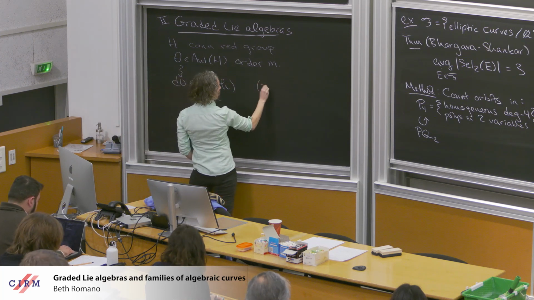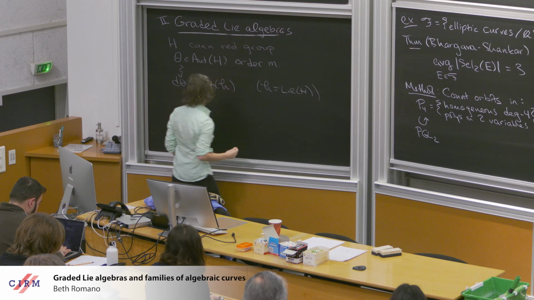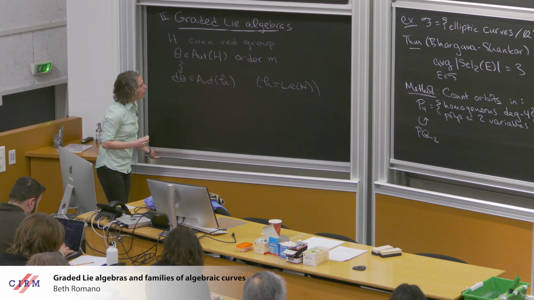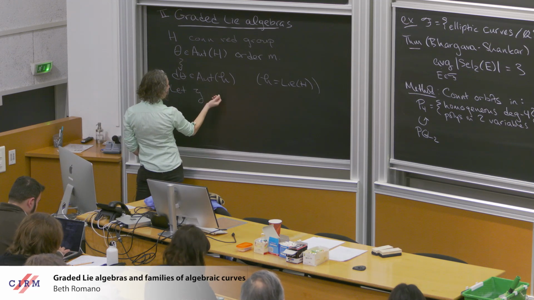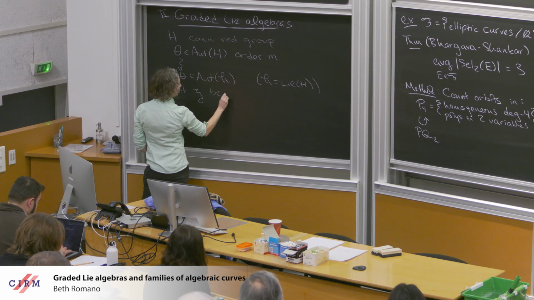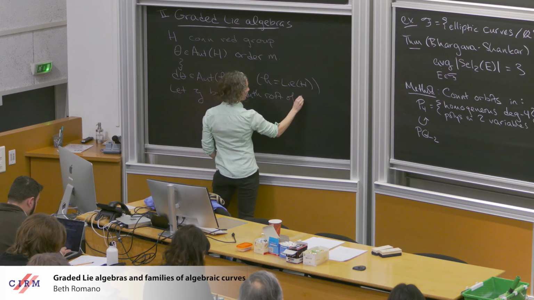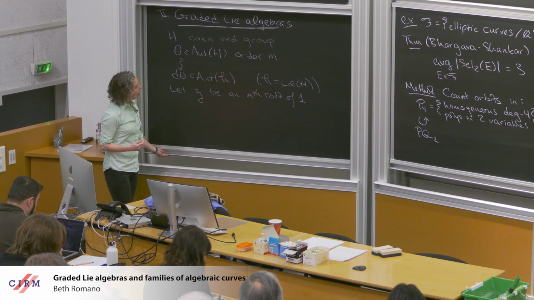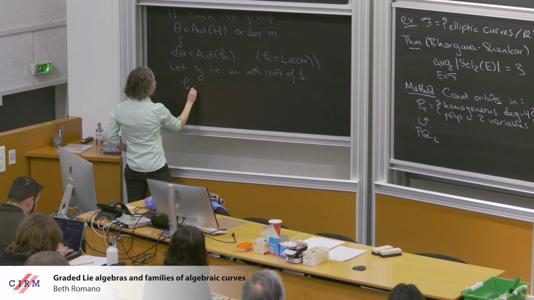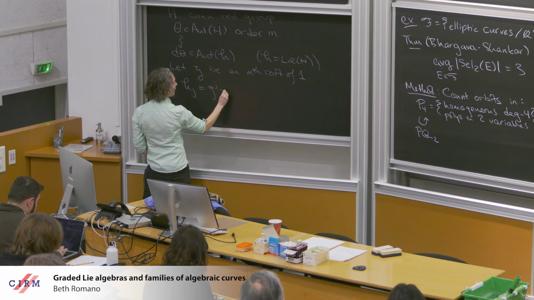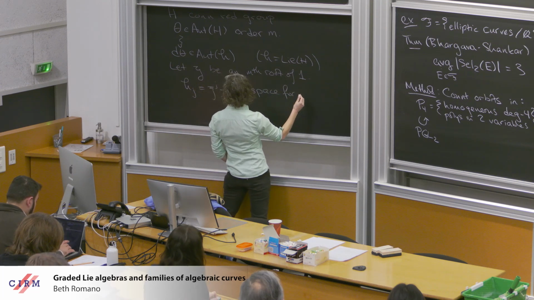I'm using curly H for the Lie algebra of big H. So let zeta be an mth root of unity, and then let's define Hj to be the zeta to the jth eigenspace for theta.